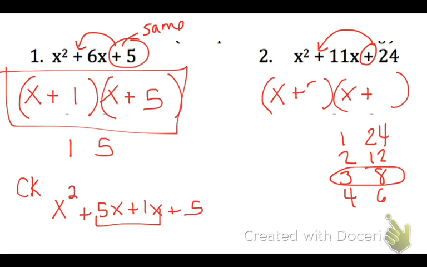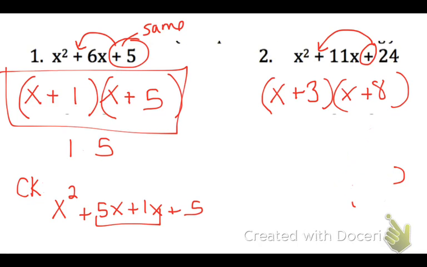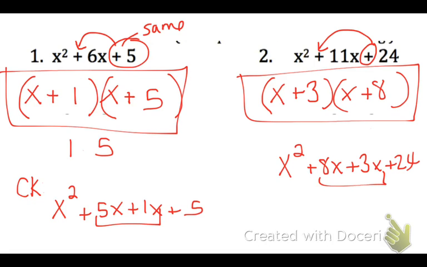That's going to be 3 times 8. Again, I check it by foiling, or the distributive property. That would be x squared, outer is plus 8x, inner is 3x, and last is plus 24. My middle terms add to 11x, so this is the factored form.